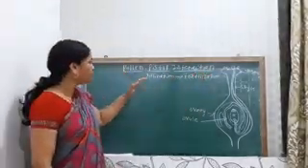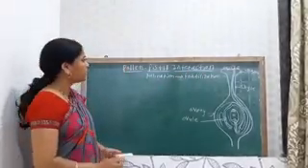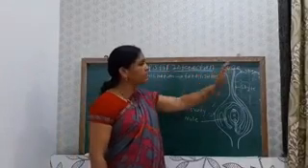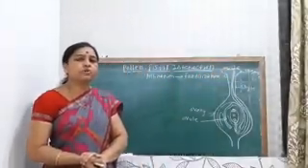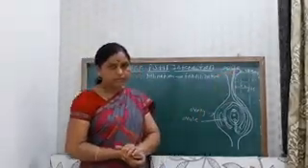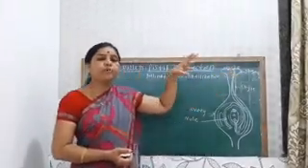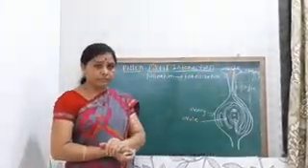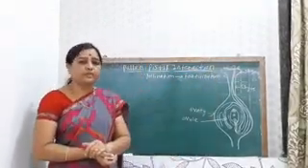So see how the pollen-pistil interaction happens. When pollen grains fall on the stigma by pollination, many pollen grains fall on the stigma. They may be from the same flower or from a different flower, of the same species or of a different species.